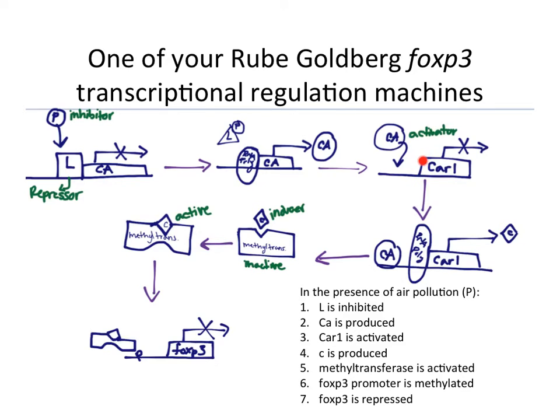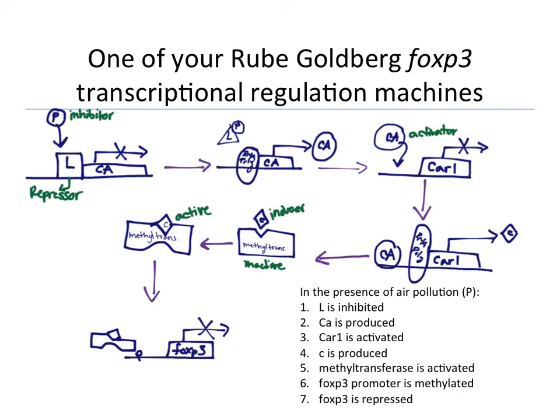So the CAR1 protein produces this small molecule C. Here's where we get to methylation of the FOXP promoter. So normally, in this student's view, the methyltransferase that methylates the promoter down here is turned off. But when CAR1 produces this small molecule, that activates the methyltransferase, and the FOXP3 promoter is methylated, and there's no transcription of the FOXP3 gene.